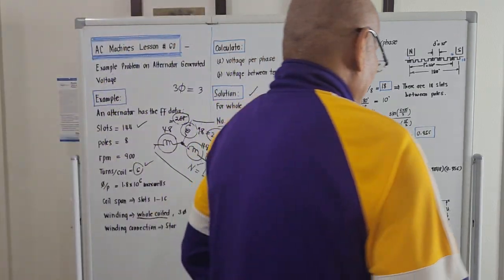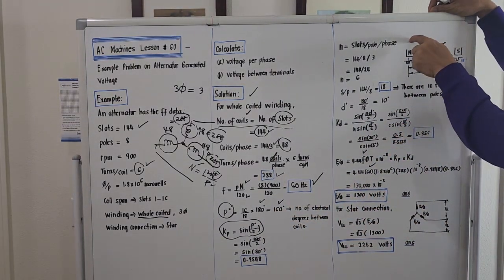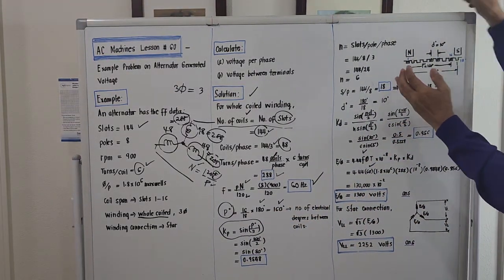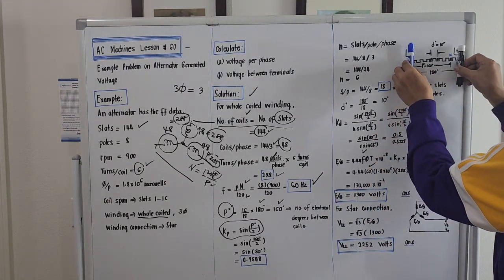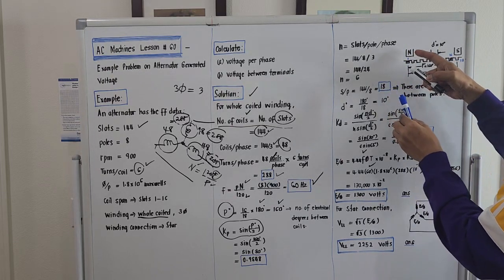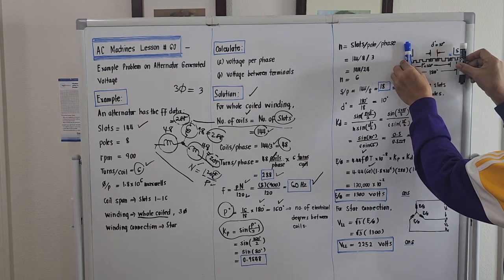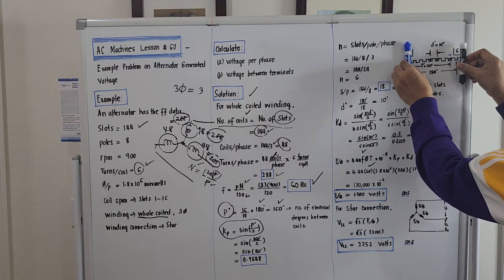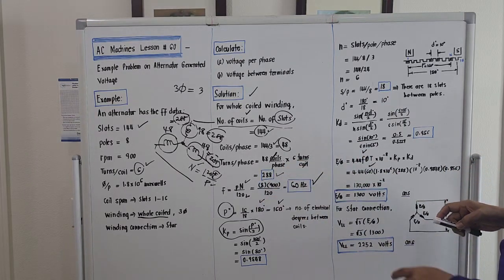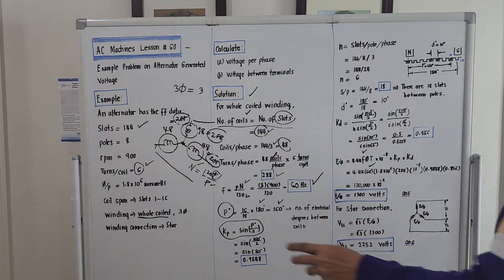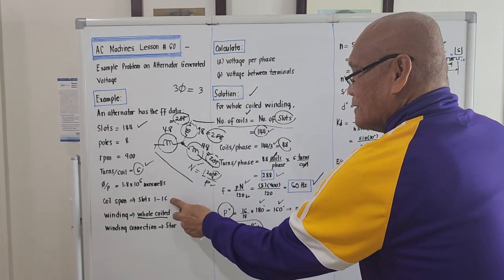Okay, if we try to visualize that 160 degrees between a north and south, there should be 180 degrees. The electrical distance between a north pole and the south pole in an alternator should be 180 degrees. But the winding is not actually a pole pitch winding, because according to the given condition, the coil span is only from slots 1 to 16.